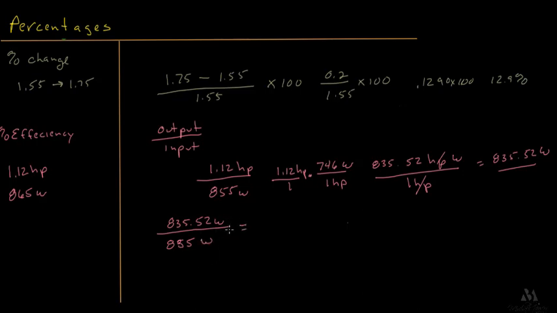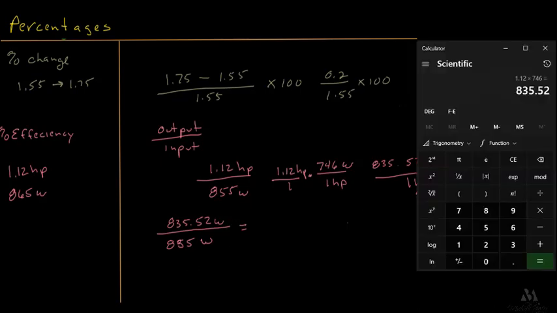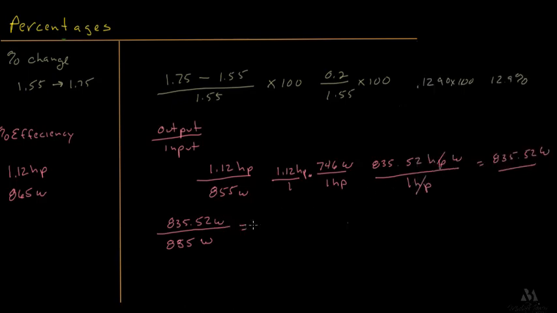Now, we're going to get a fraction, so we're going to have to multiply this by 100. But let's go ahead and do this. 835.52 divided by 855 is 0.9772.